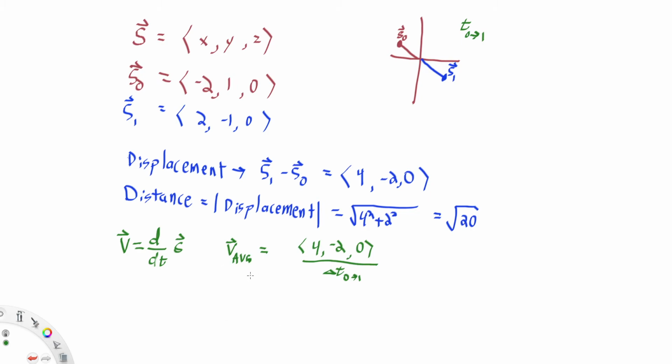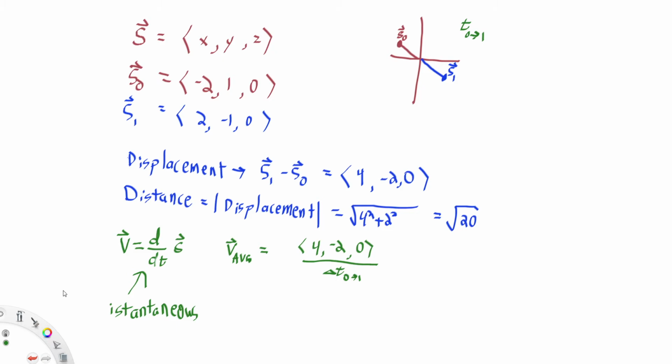So the book refers to this second form here as the average velocity and this first form as the instantaneous velocity. So this is the exact velocity at any given moment. Average velocity will just give us the velocity, averaged over a period of time.